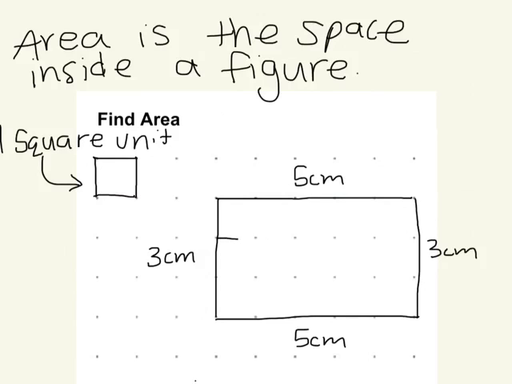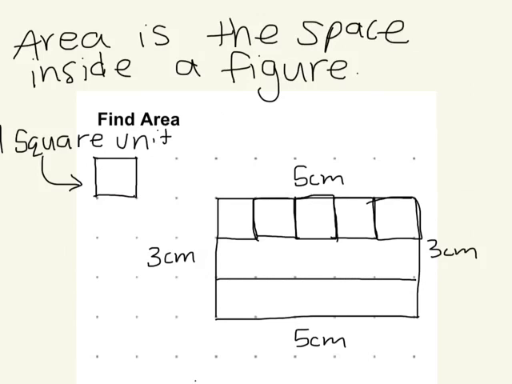So we can start here and draw our square units. We have 1 just by connecting the lines, 2, 3, 4, 5. All right, now I can do this more quickly by drawing a line all the way across and just connecting all of my dots.